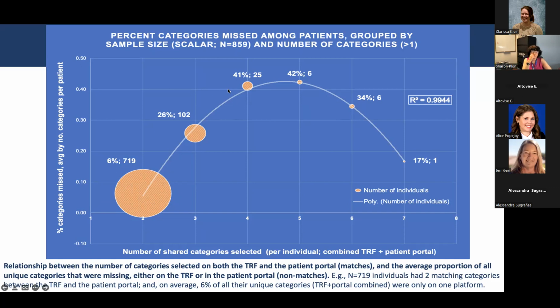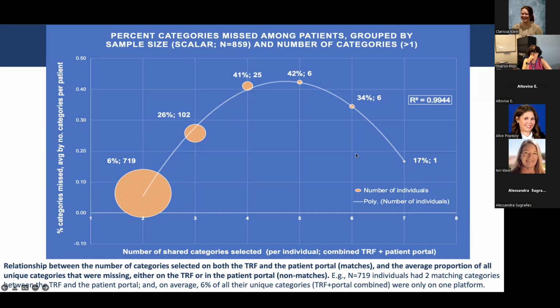And so it goes up, and then it asymptotes around this 4.5 or so, and then comes down. So you have this increasing chance that you're going to be missing categories as the number of shared categories between the TRF and the patient portal increases. And then you have it going back down, so you're less likely to miss more of these categories if you're sharing more of them.